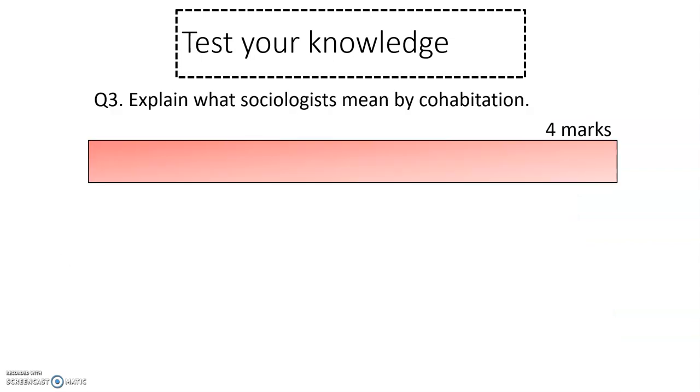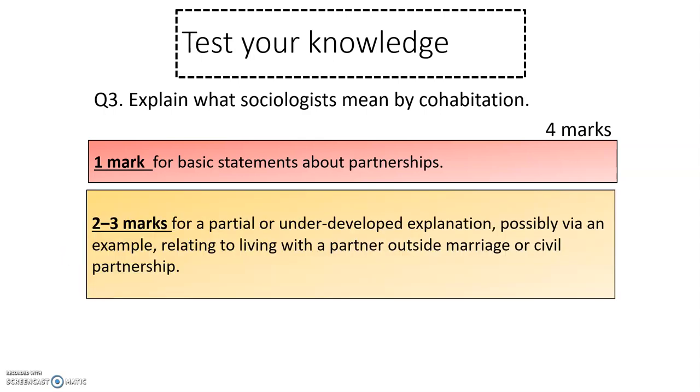What I'd like you also to have a go at is a nice practice question to get your brain thinking. Explain what sociologists mean by cohabitation. For 1 mark, you basically need a statement about partnerships. For 2 marks, it's going to be a partial explanation, not enough detail, so you might talk about people living with a partner.